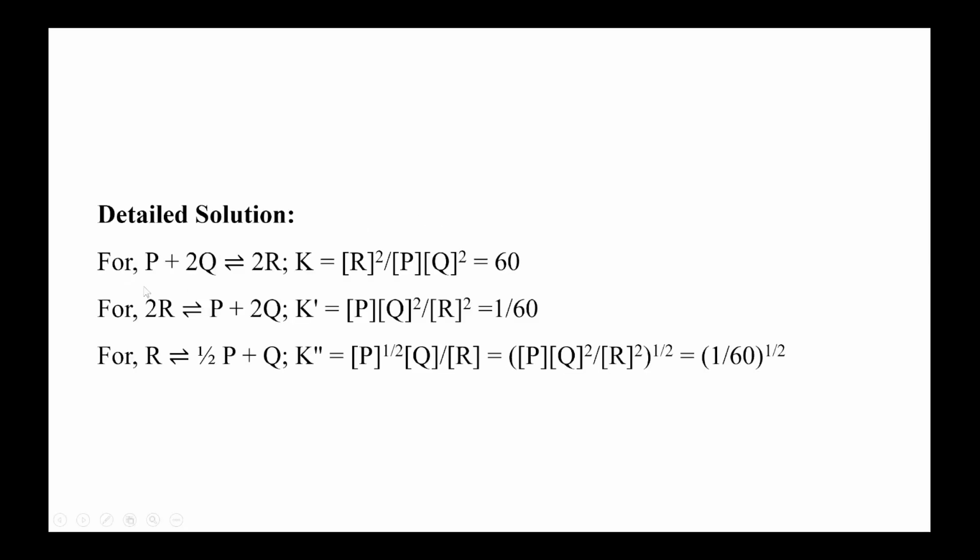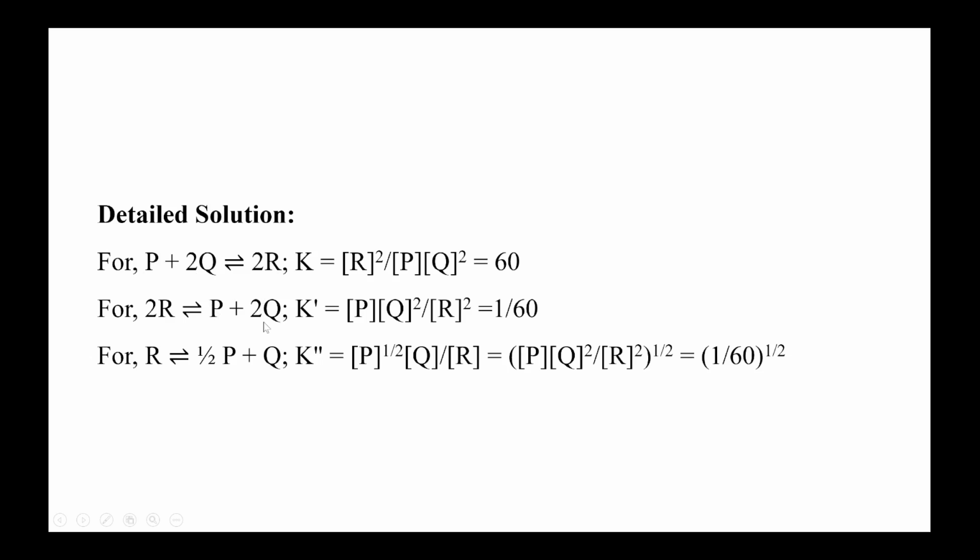So basically, for the reaction P plus 2Q goes to 2R, the equilibrium constant is given as 60. How will we define the equilibrium constant for this reaction? It would be the concentration of R raised to the power of 2 divided by the concentration of P into the concentration of Q raised to the power of 2. So R square divided by P into Q square would be 60. Now, if we take the reverse reaction of this, it would be 2R goes to P plus 2Q, just the opposite thing.